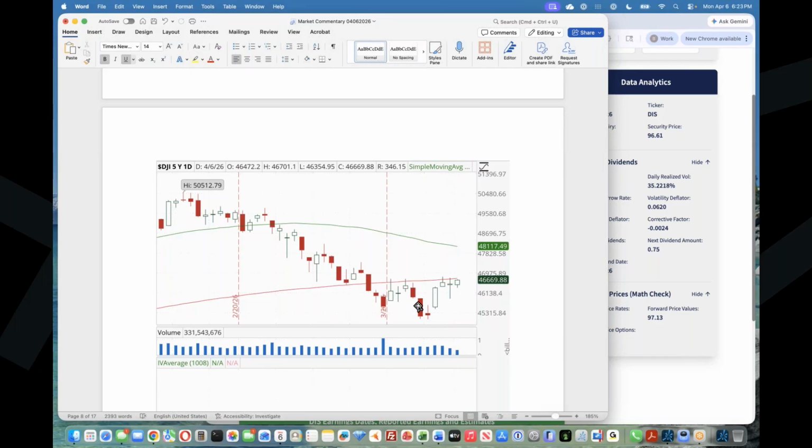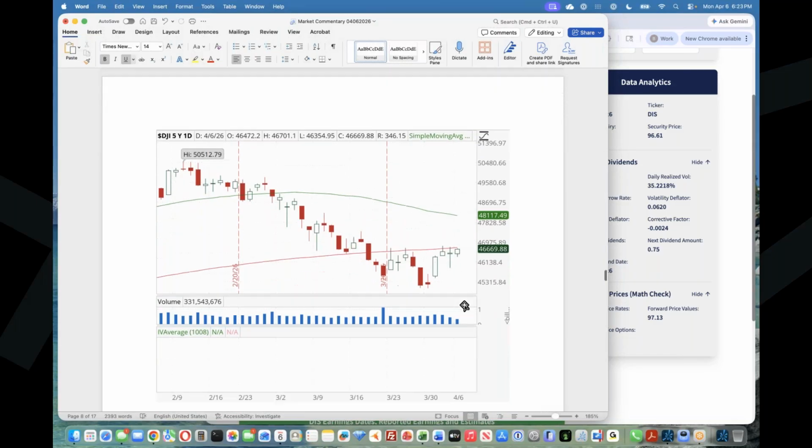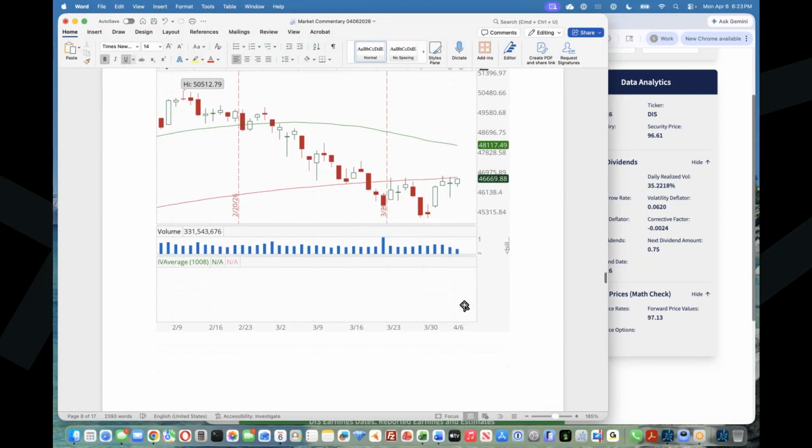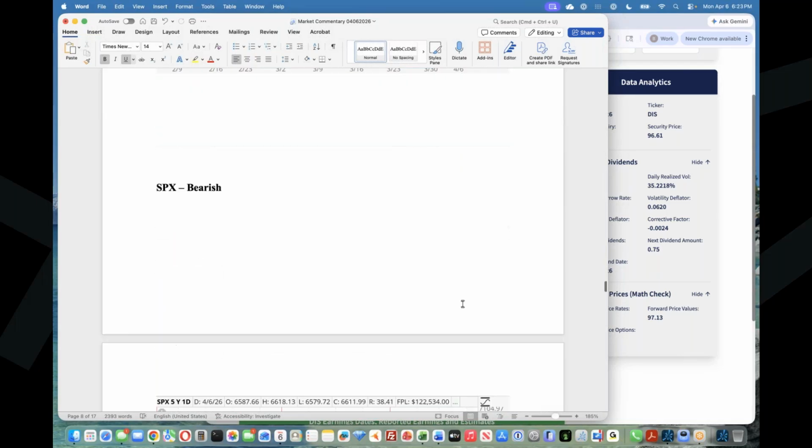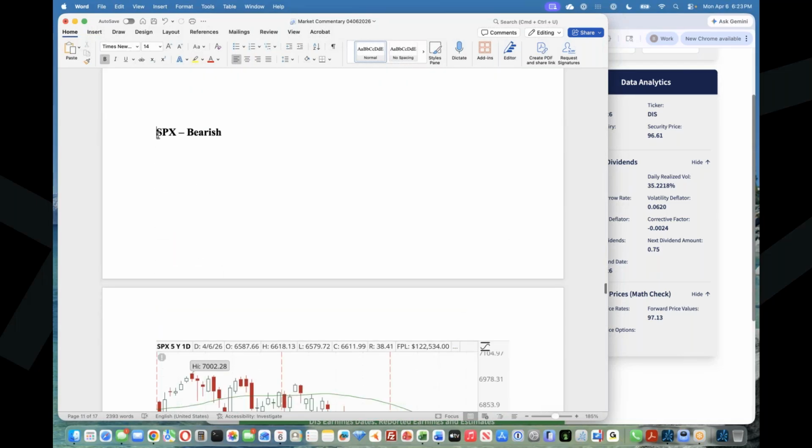But if you just look at the past couple of weeks, it's been pretty choppy back and forth. And so with all the uncertainty in the market, we still want to keep some protection on, because we don't know how things are going to go in this war. I don't think anybody does. I don't even think Trump does. Let me get that down.